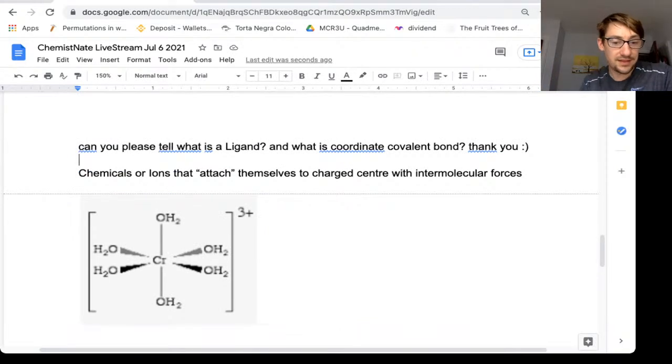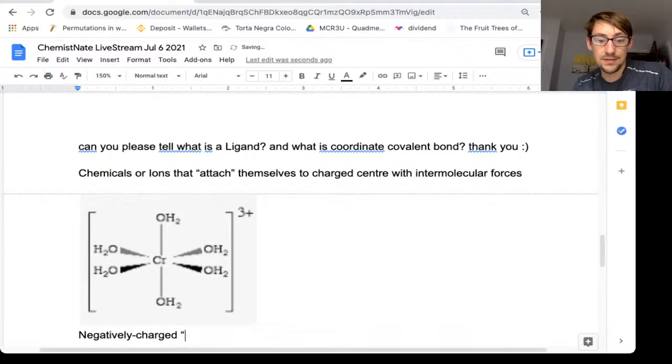Here, the negatively charged side of a water molecule is attracted to the strong plus charge of the Cr3+.